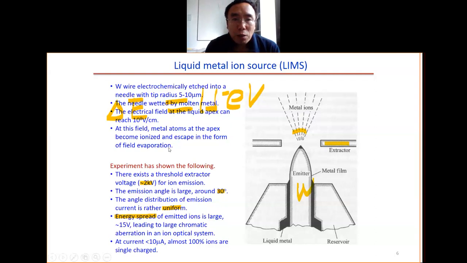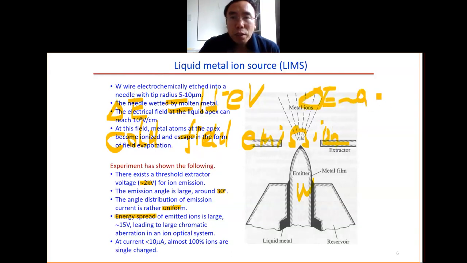For the case of electrons, the cold field emission, if we remember, has a delta E of about 0.3 electron volt. So for the cold field emission source, the energy spread is only 0.3 electron volt with a total energy of like 30 kilo electron volts.